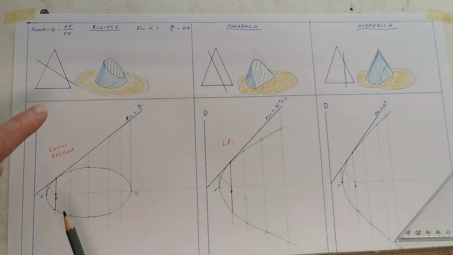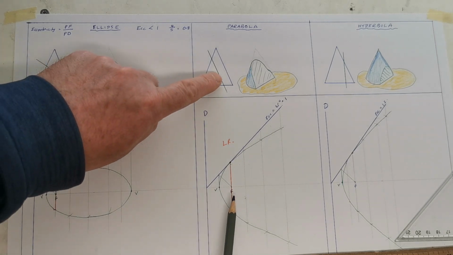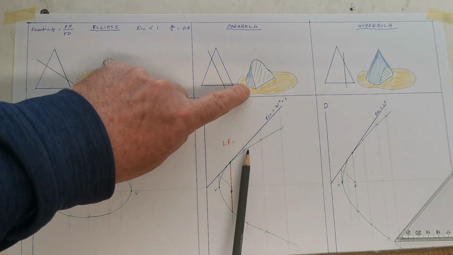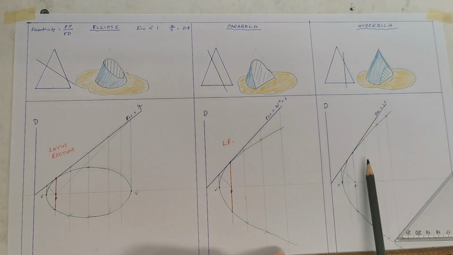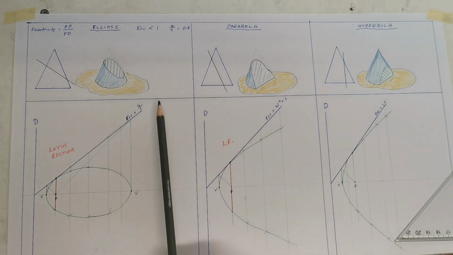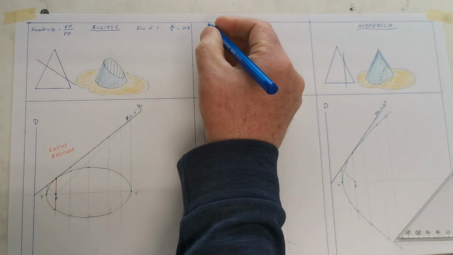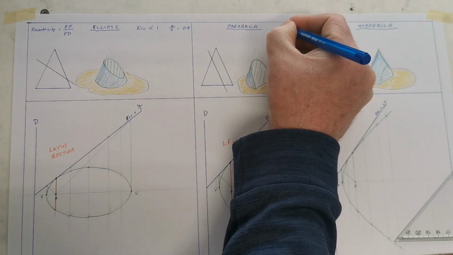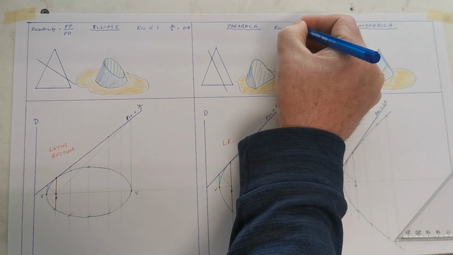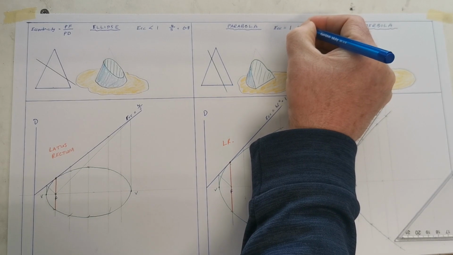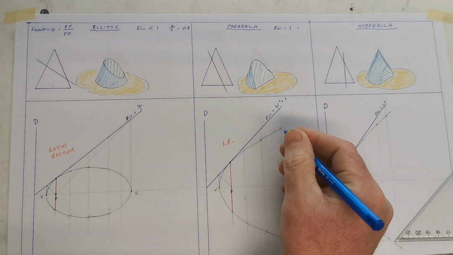Okay, so true shape of the ellipse, true shape of the parabola here, and hyperbola there, and that is drawing them using the eccentricity. And just to finish it off there, just going to write that down. So the parabola, the eccentricity is equal to 1, i.e. if you came over 20, it'll be up 20.